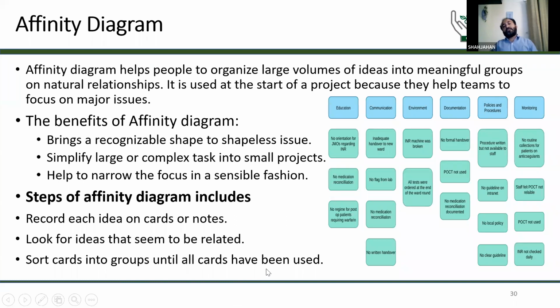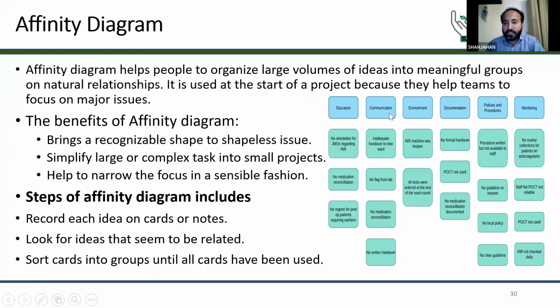Because when we did the brainstorming for decision, we may have more than 30 ideas. Now this is very shapeless, so we want to organize them heading-wise. Like in this example, we have a problem with taking care of INR patients. We receive all these different ideas randomly from the staff, so we will divide them. Under education: there's no orientation for the JMO regarding INR, no medication reconciliation.